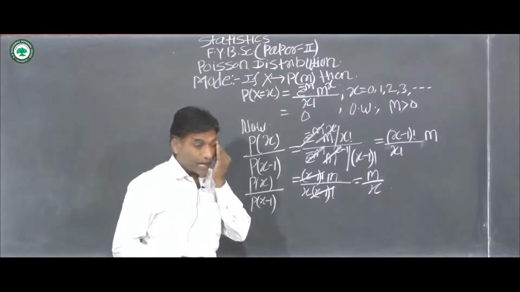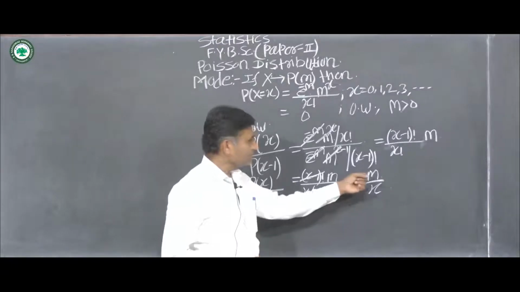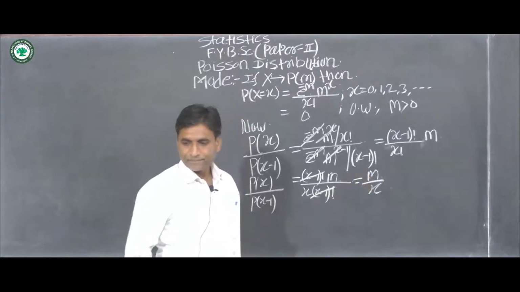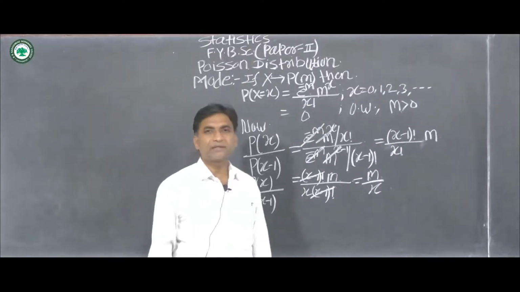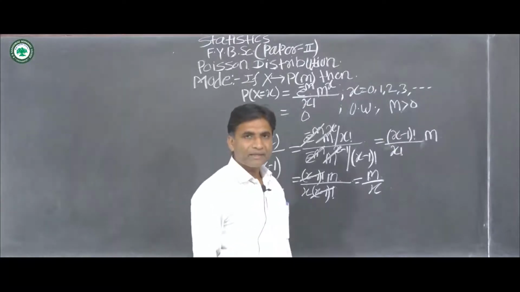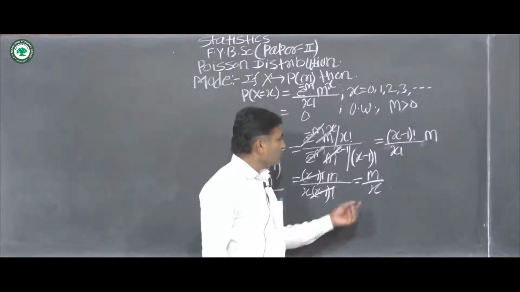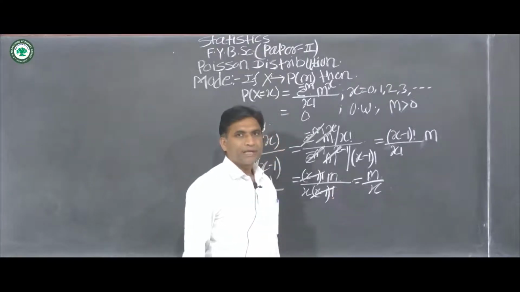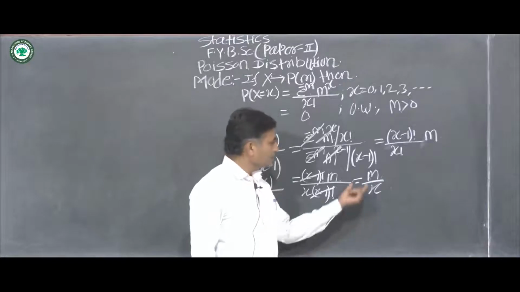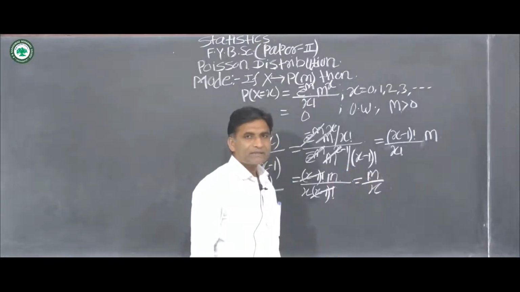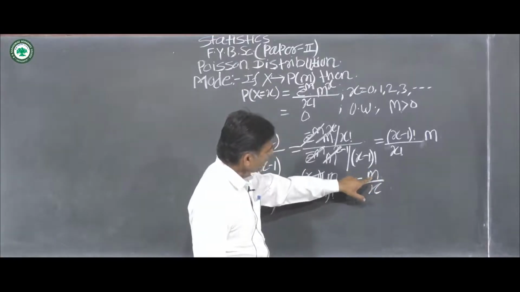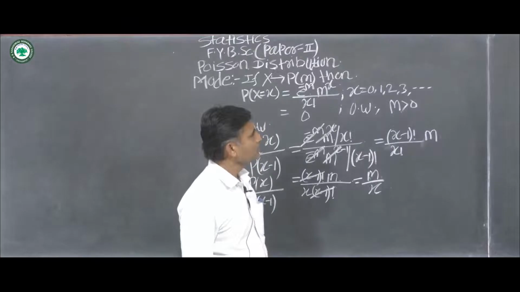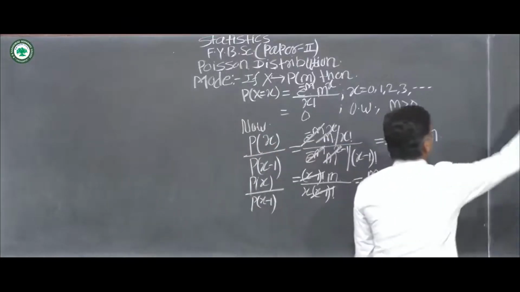Now the value of the parameter m may be integral or fractional. We shall obtain the value of the mode in both the cases, if m is an integer or m is a fraction. Now we consider the first case.